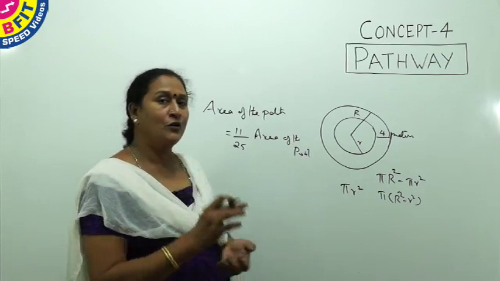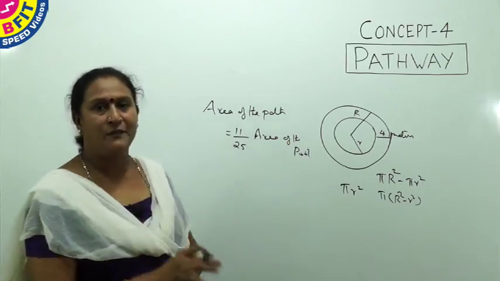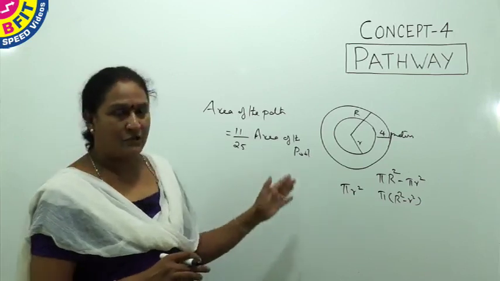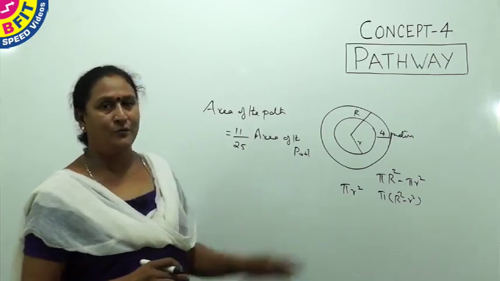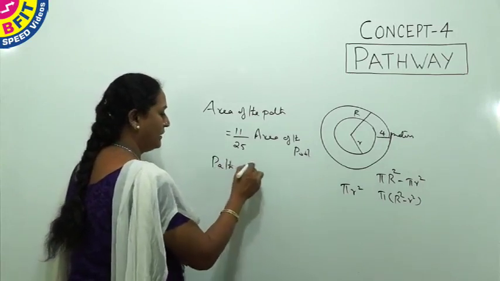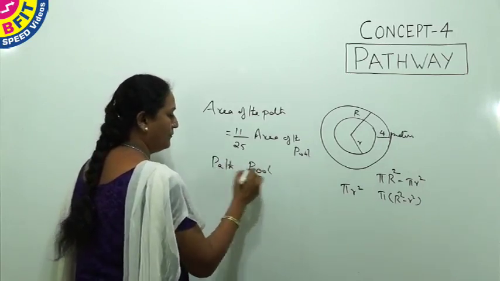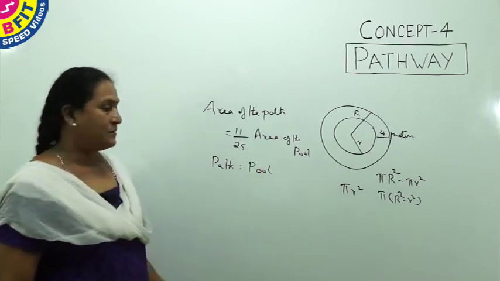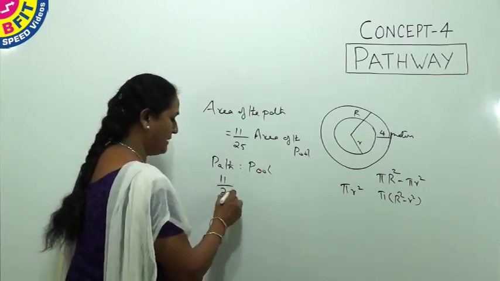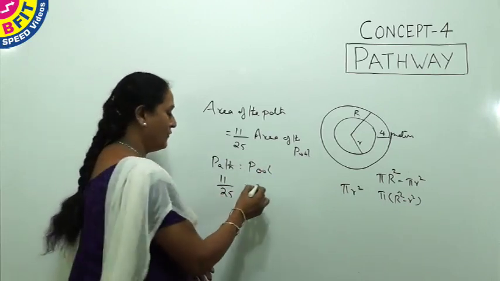Now I have told you the ratio working will be very simple and you can easily get the answer. So we can get the ratio of the area of the path and the pool. So I'll write here path and the pool. Now what is the ratio? The path area is 11 by 25 times the area of the pool.